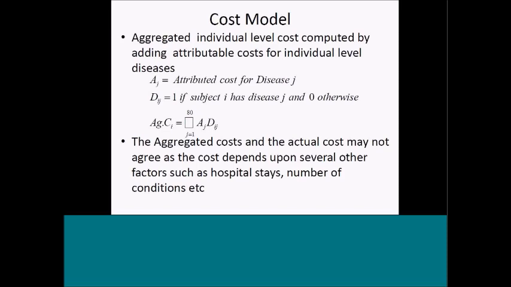Of course, the costs will depend upon many other things, like the number of hospital stays and conditions. That is, as I said, the economy of scale when you go with multiple conditions, and whether or not that person died in that year, because that's the biggest factor. Death during the year is a big component of the cost, on average about $135,000 during that year of death.